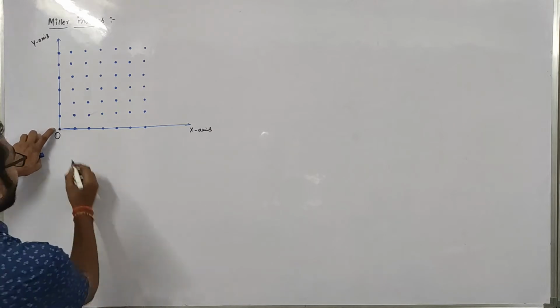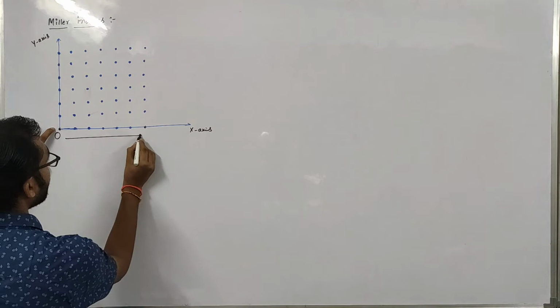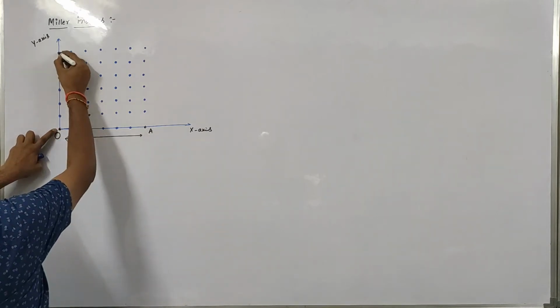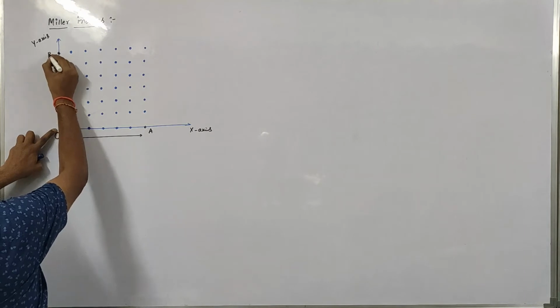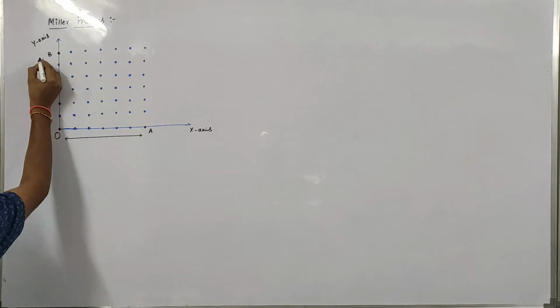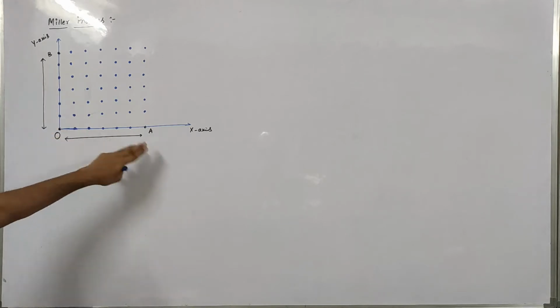Right. Let me assume from here to here as OA, this as OB. I am assuming OA is not equal to OB. That means a not equal to b. If these are equal, OA will be equal to OB.